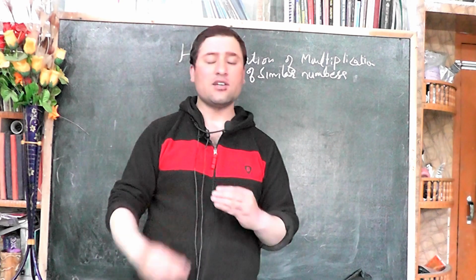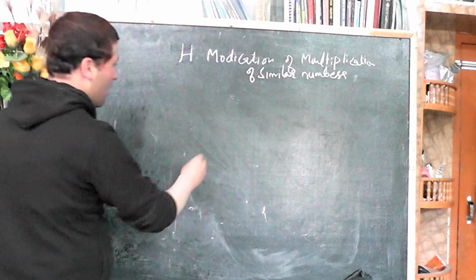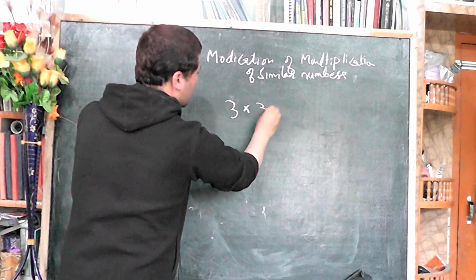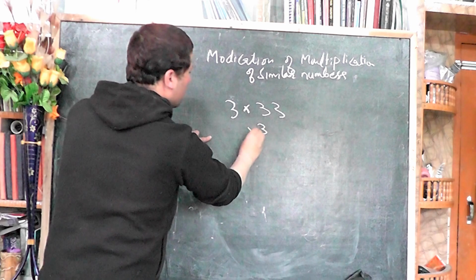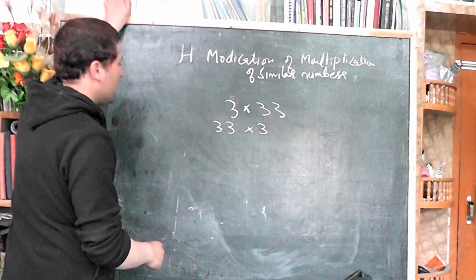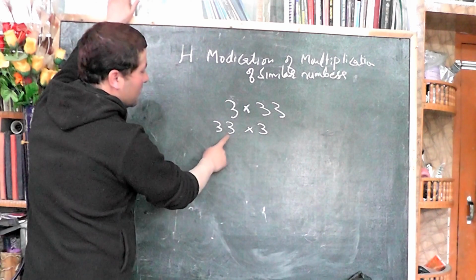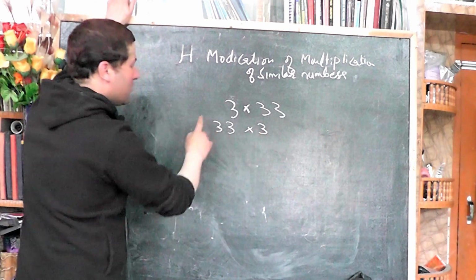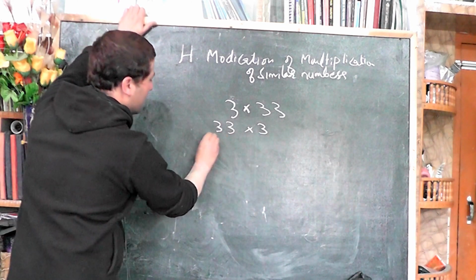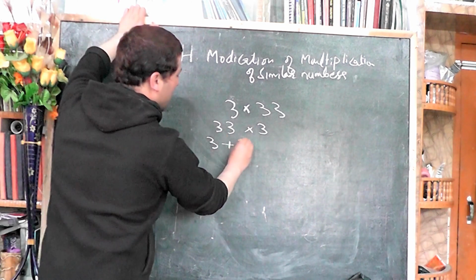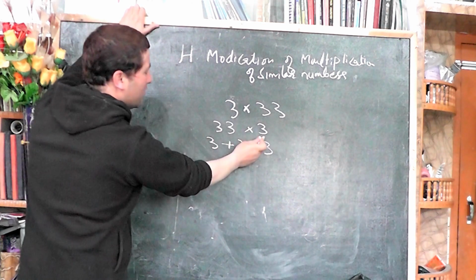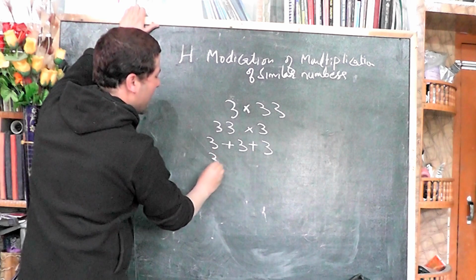Let's try here and show how it works. If we take 3 into 33, this 3 is added 3 times and then this 3 is again added 3 times. First this 3 is added 3 times, that's the first line, and then this 3 is again added 3 times.